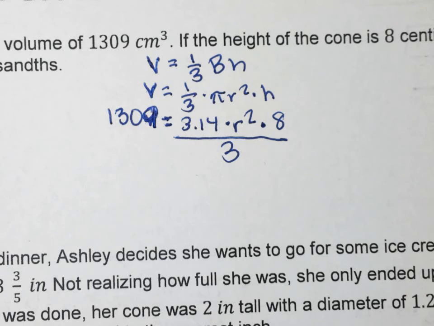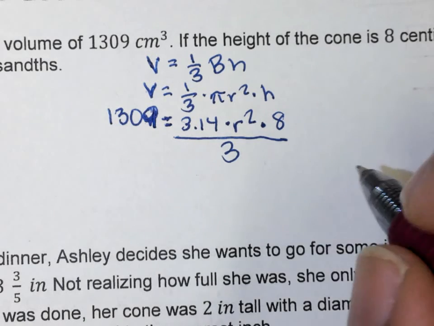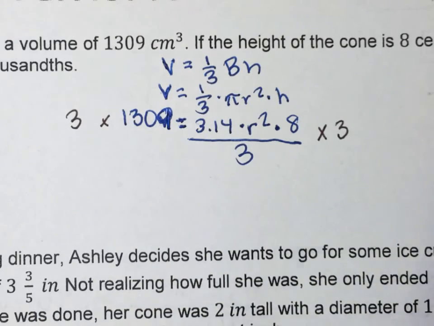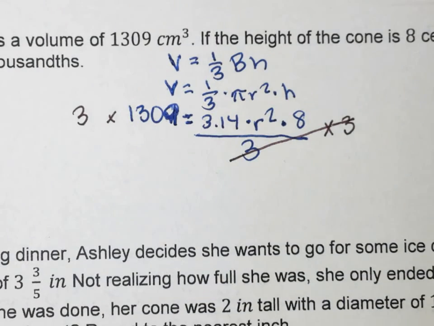Times 3 on both sides. Cancel it off the bottom over here. Move it to the other side.